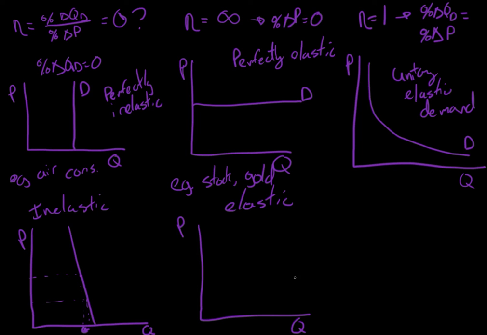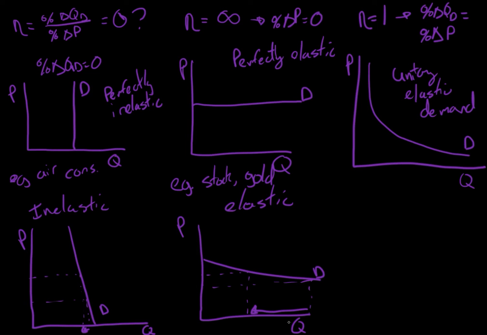Whereas over here, my demand curve could be really flat. So here you change the price and you don't even double it, you just increase it by a small amount, and all of a sudden you could see a big drop in quantity demanded.